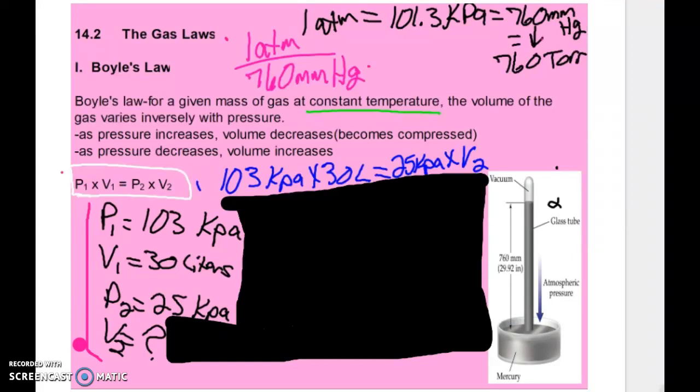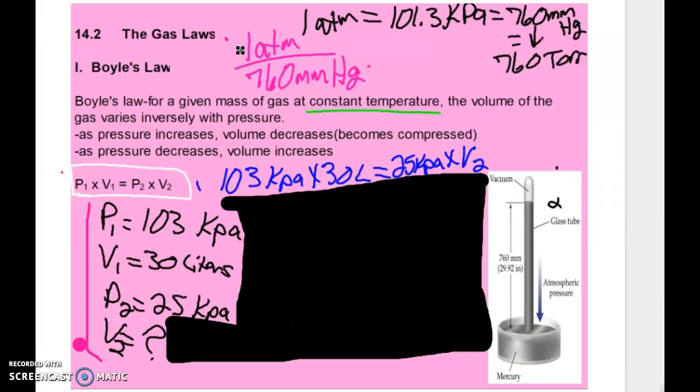So 1 atmosphere is equal to 760 millimeters of mercury. 1 atmosphere is also equal to 101.3 kilopascals, or 760 torr, which is sometimes used instead of millimeters of mercury.